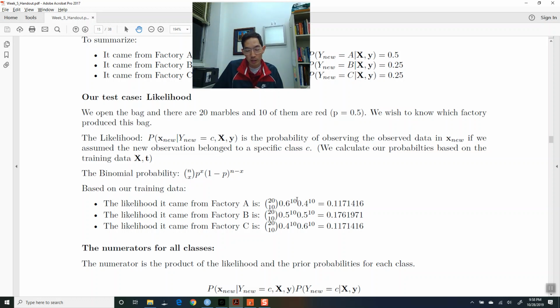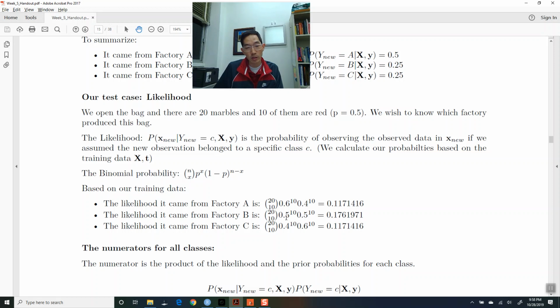Each blue marble shows up with probability 0.4 if it comes from factory A, so 0.4 raised to the 10th. Then we multiply by the number of possible arrangements, and we get a likelihood of 0.117.